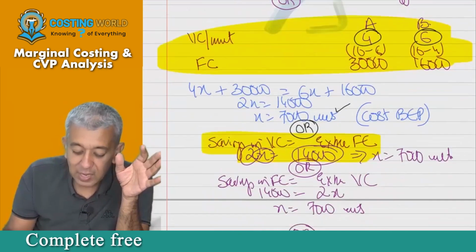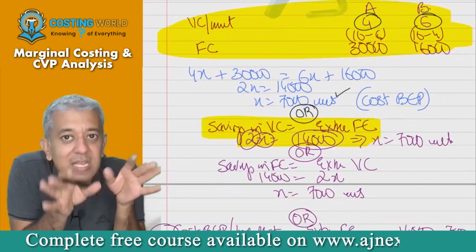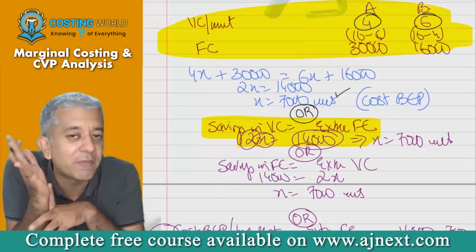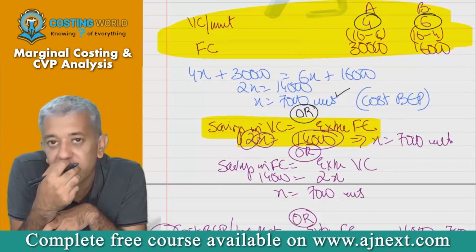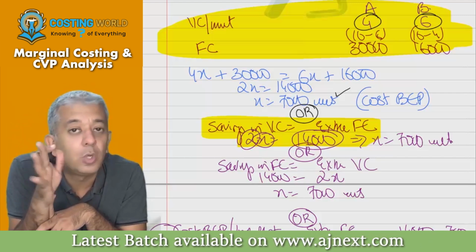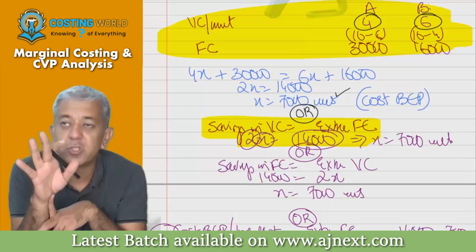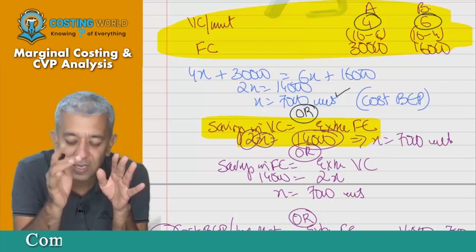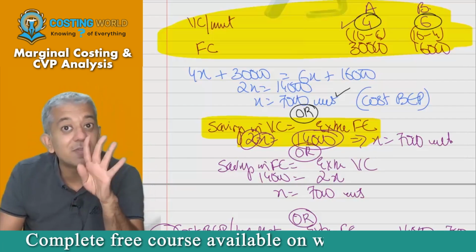If I was producing exactly 7,000 units, my total cost would have become the same, because that is your indifference point. I don't want to produce the last unit. In case you do not want to produce the last unit, means you want to make 6,999 units. Can we say, in case of machine A, you will save that rupees 4?